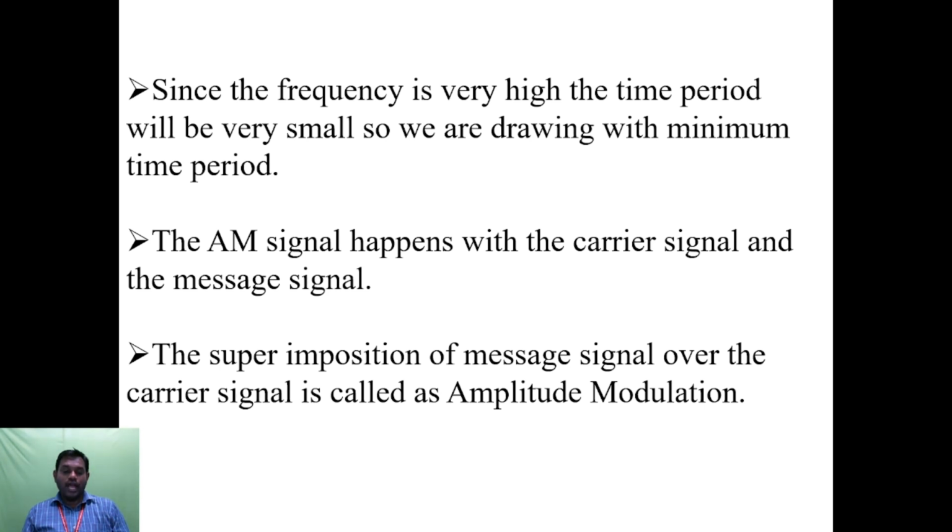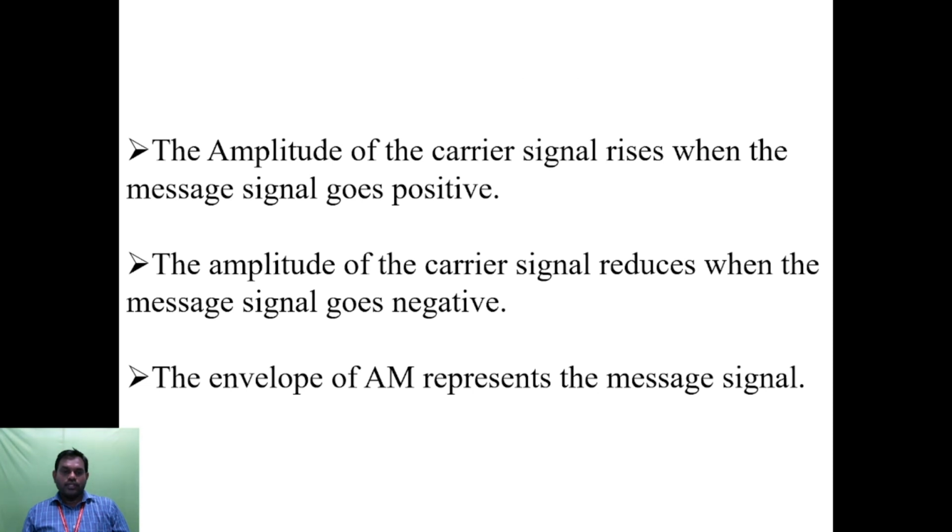The AM signal is formed from the carrier signal and the message signal. The superimposition of the message signal over the carrier signal is called amplitude modulation. The amplitude of the carrier signal rises when the message signal goes positive, and reduces when the message signal goes negative. The envelope of the AM represents the message signal.